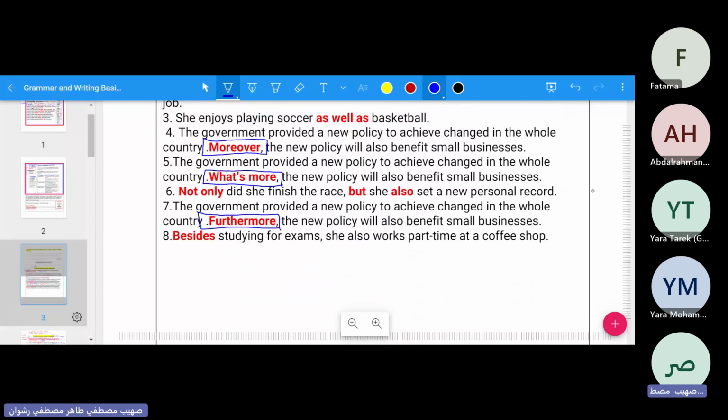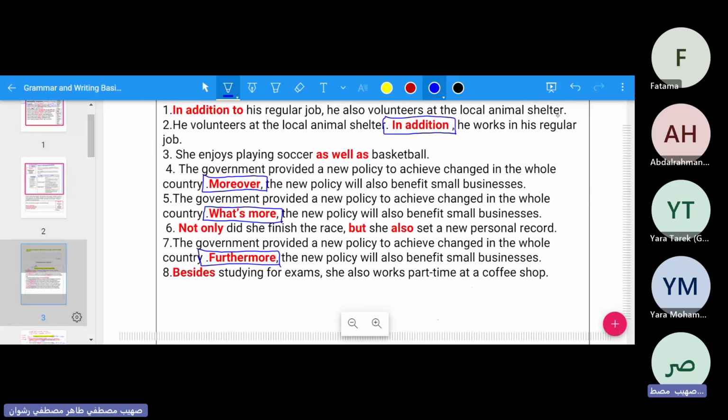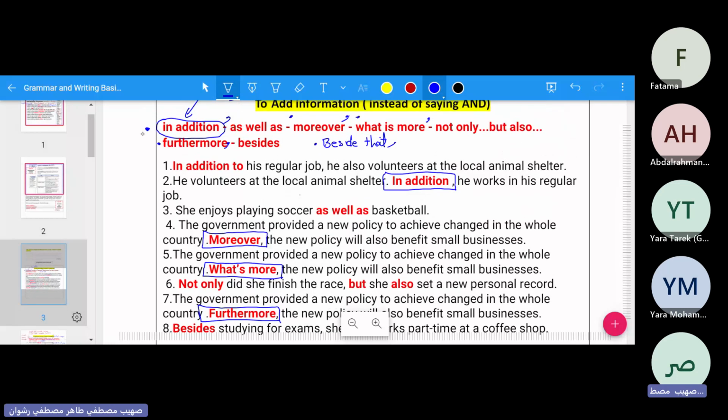The rule is clear with these conjunctions until now: in addition, moreover, what is more, furthermore, always preceded by a full stop and followed by a comma when you use them in the middle. What if you use one of them at the beginning, like in addition to and besides? In addition to or besides, we always use the comma in the middle between the two sentences.